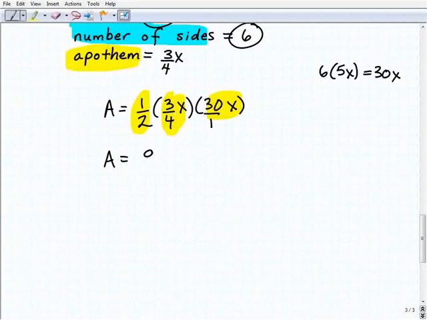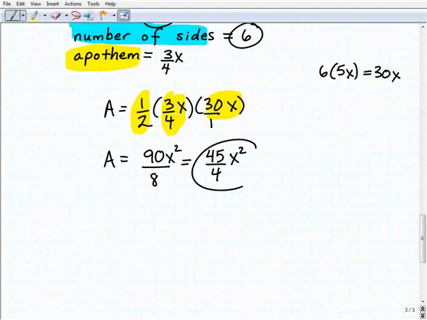So this would be 3 times 30, or 90, x times x. So that would be 90x squared over 8, 2 times 4. And then I can reduce 90x squared over 8 down to 45 over 4 x squared.